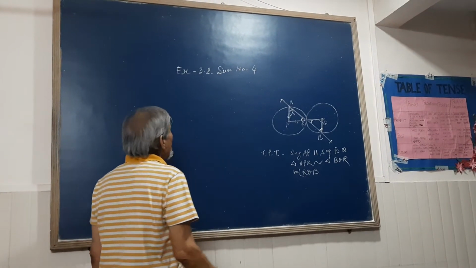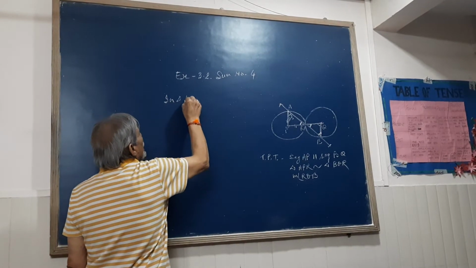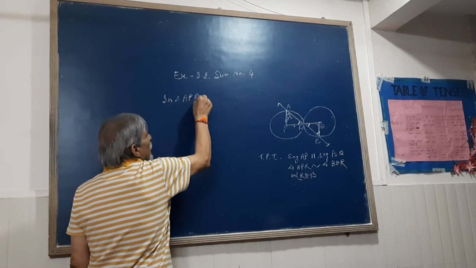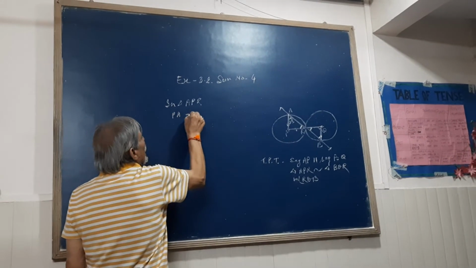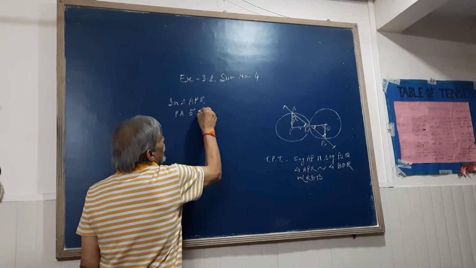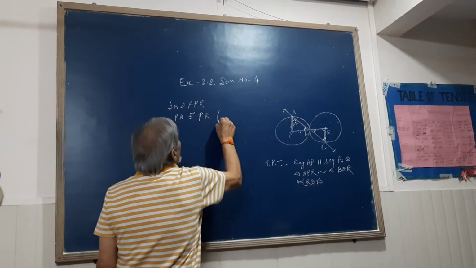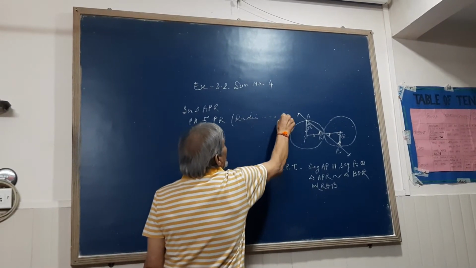So how to present it? In triangle APR, PA is congruent to PR, radii of the same circle.